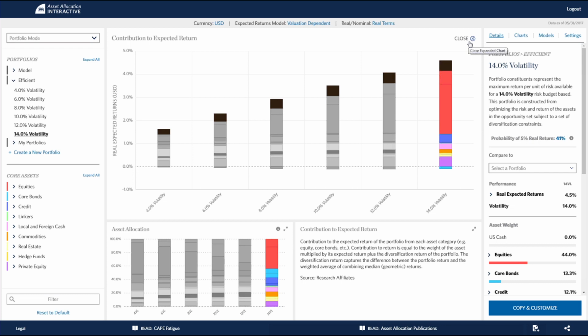And what that article does is it compares our efficient portfolios versus a number of other commonly used strategies for creating portfolios or creating expectations of portfolios. What we find in the article is that we actually perform very well, partially because we don't extrapolate historical returns in high valuation environments.